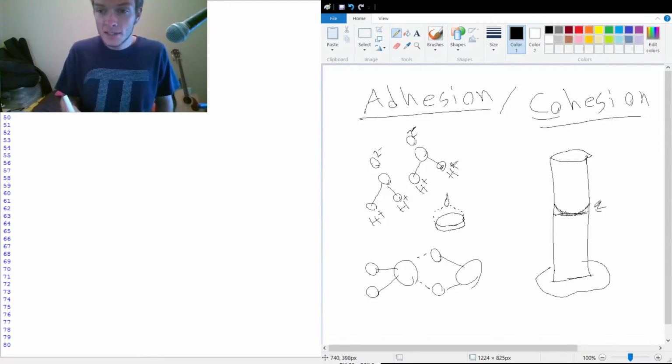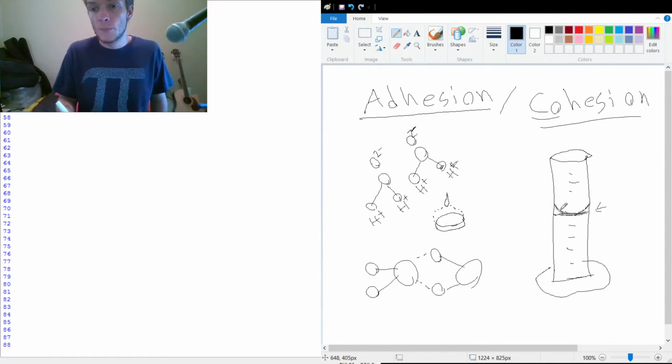It's a meniscus, and I'm not sure that I could spell that off the top of my head. But the reason that this happens is because the water is actually more attracted to the sides of the graduated cylinder that we have here than it is to itself.